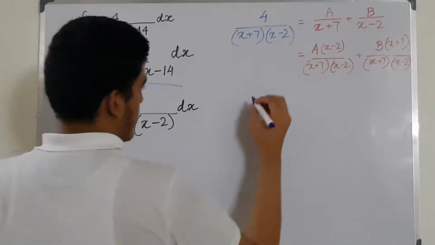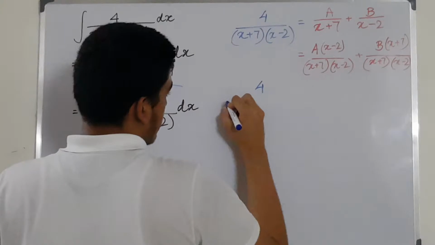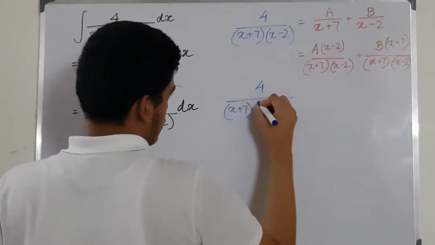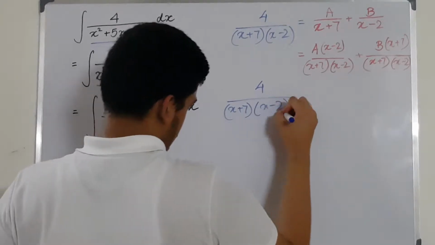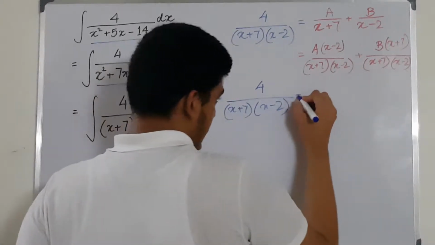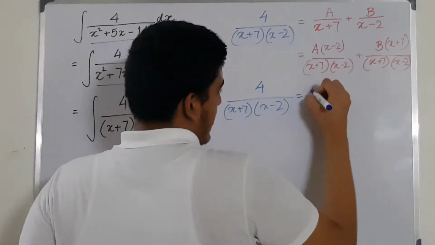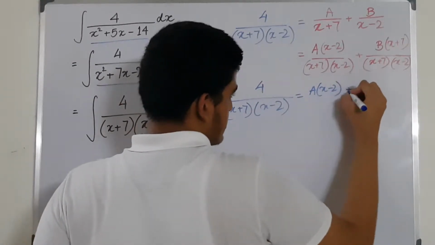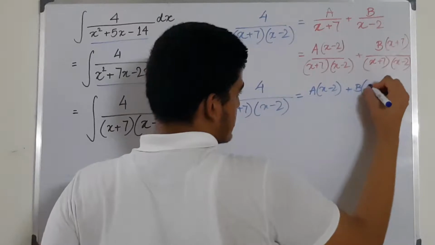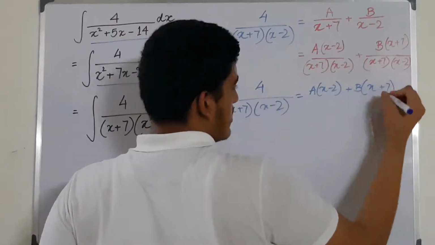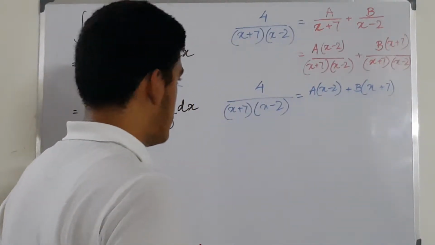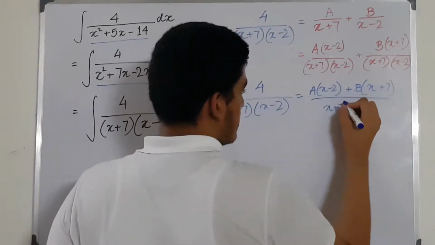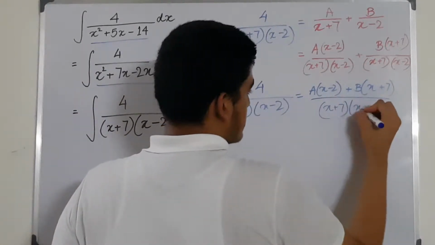So what I have in the end is 4 divided by x plus 7 multiplied by x minus 2 is equal to A into x minus 2 plus B into x plus 7, divided by x plus 7 multiplied by x minus 2.